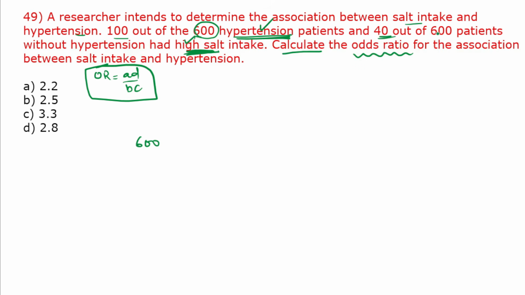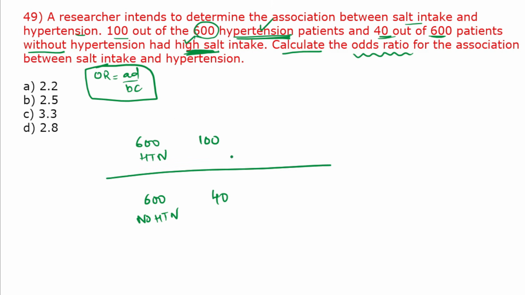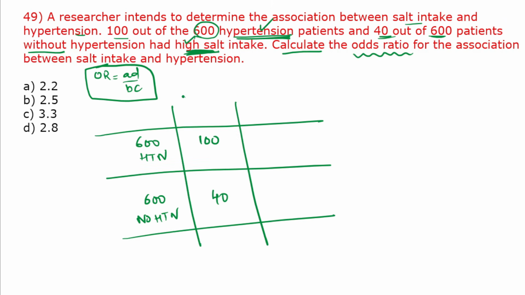Similarly, 40 out of 600 patients without hypertension. So 600 with hypertension, at the same time 600 without hypertension, and out of them 100 people have high salt intake, and over here 40 people have high salt intake. So we will put the box, this salt intake.